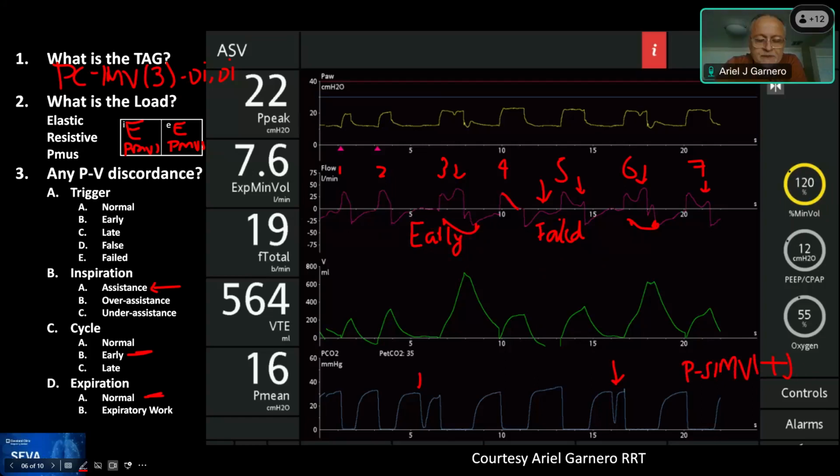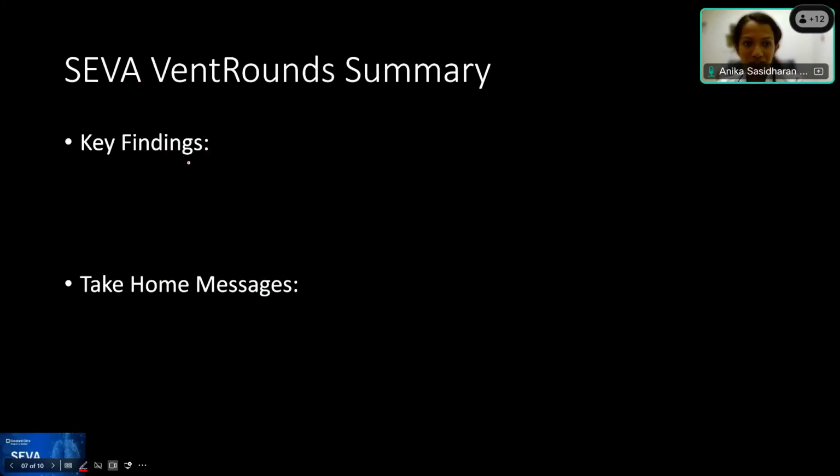Yeah, Rob, yes, but remember that the waiting time for another spontaneous breath is the total cycle time. So you need to decrease the rate below 10 and try to give a longer time for a spontaneous breath to appear. And you can do that with the PC-SIMV plus mode, right? With the P-Sync, yeah.